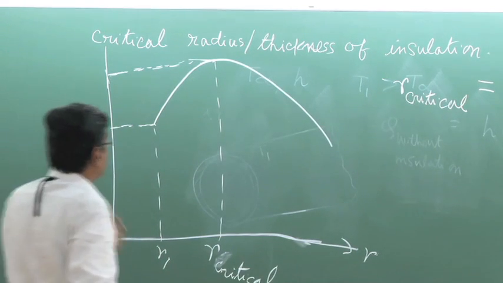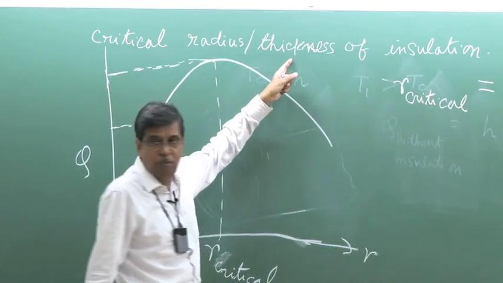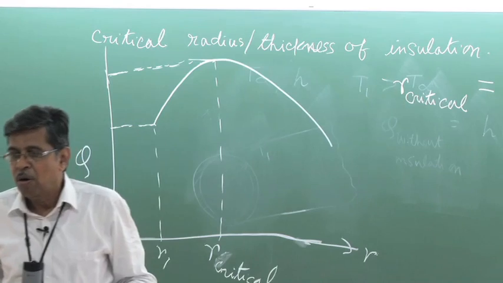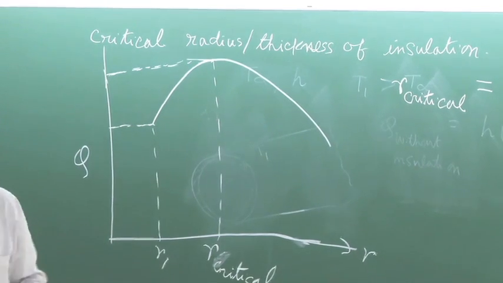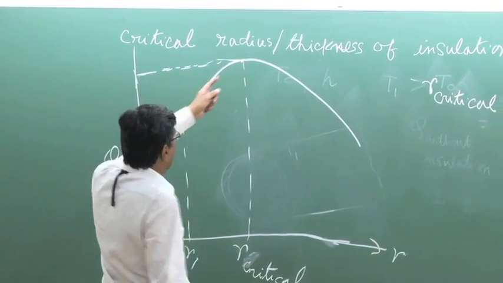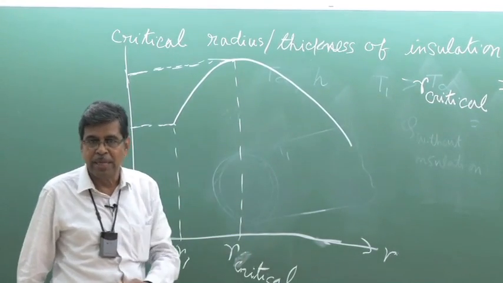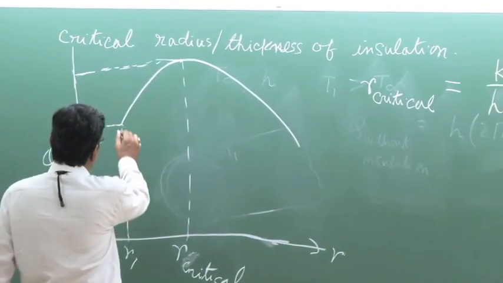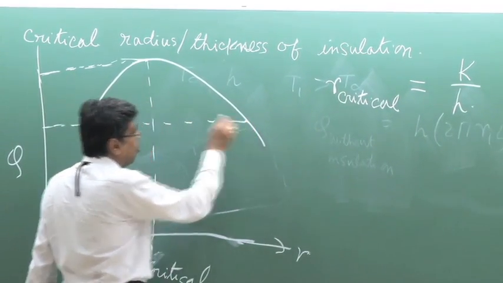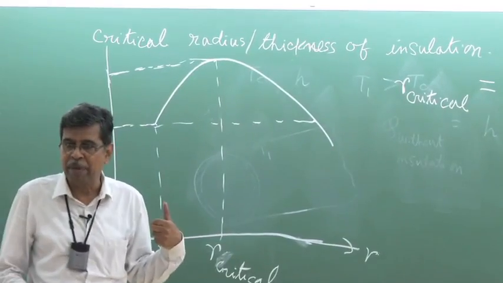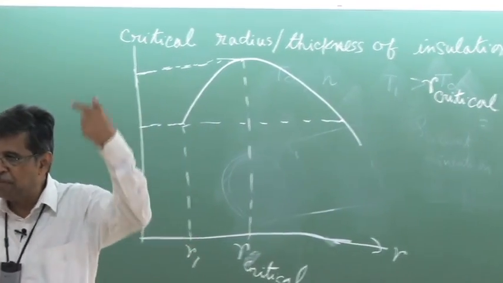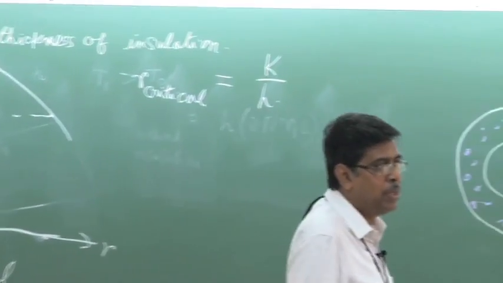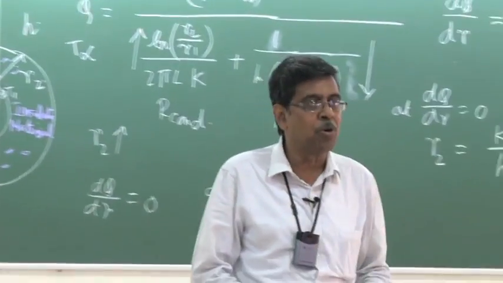Rather, thickness, as used in the heat transfer book, is R2 minus R1. It is colloquially used, people say thickness but use the nomenclature radius, so I will say the radius. It is very interesting and very simple that there must be a radius where the heat transfer is the same as that of the bare pipe, because it attains the maximum, then it decreases. Probably it is not given in any undergraduate heat transfer book.